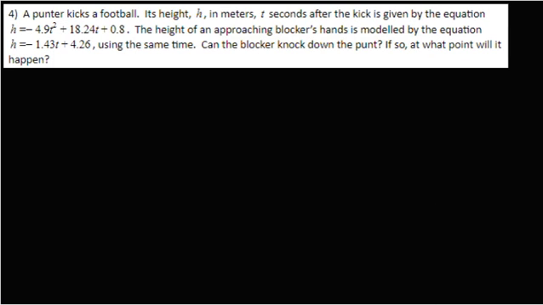Okay, now for our last one, we have a punter kicking a football, and we have its height in meters and seconds. So again, we're looking at height as a function of time.